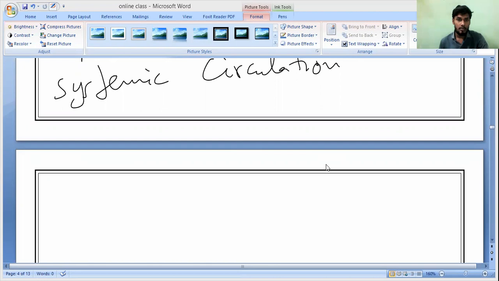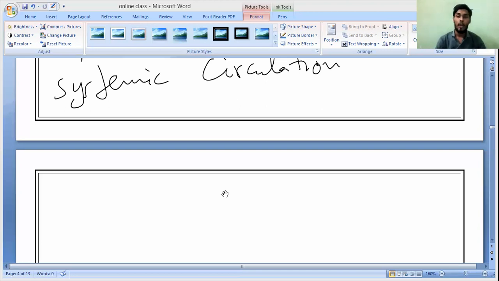Next, systemic circulation, not systematic. What is systemic circulation? Heart to body parts to heart. From the heart to the rest of the body, except the lungs.